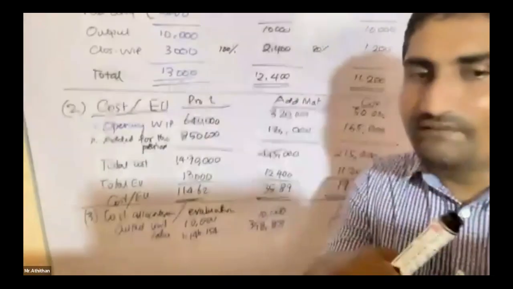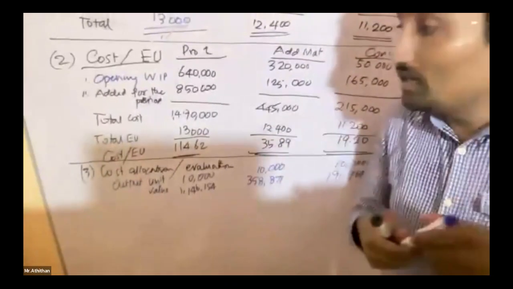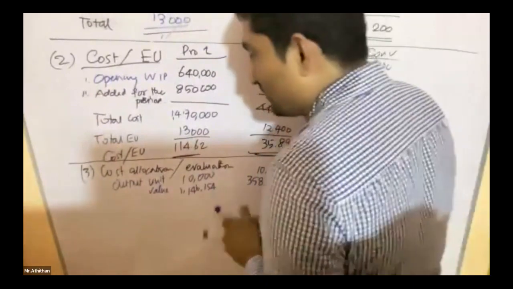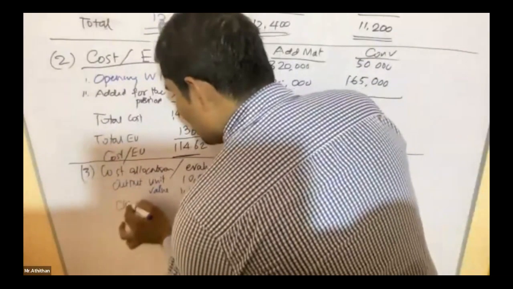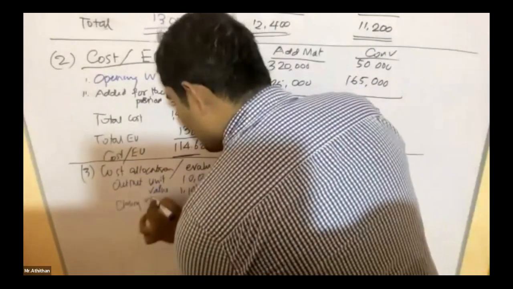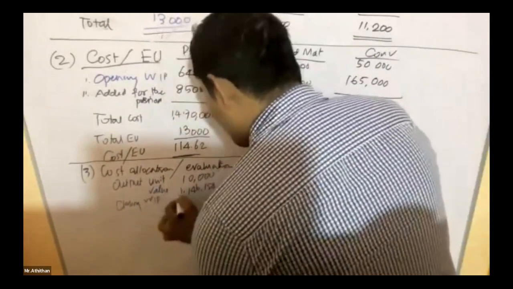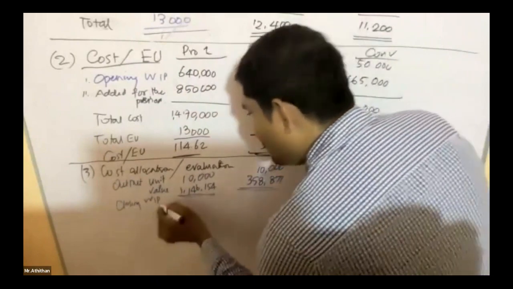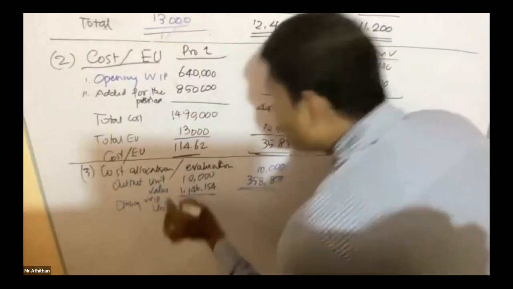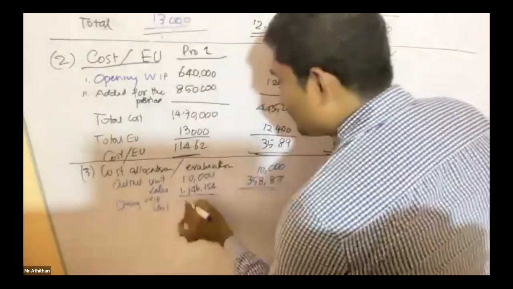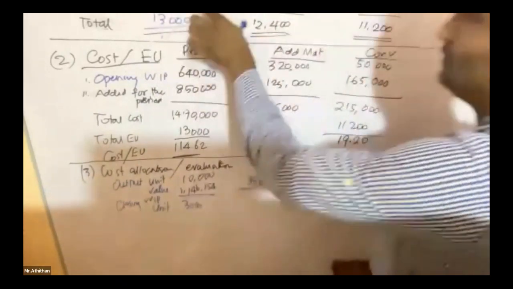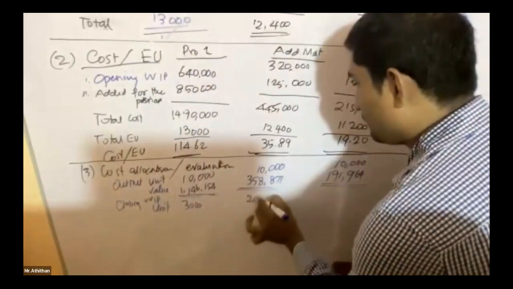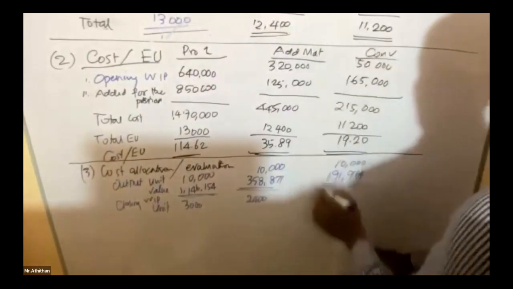Right. Now we will do the closing WIP valuation. Closing WIP units: 3,000, 2,400, 1,200.